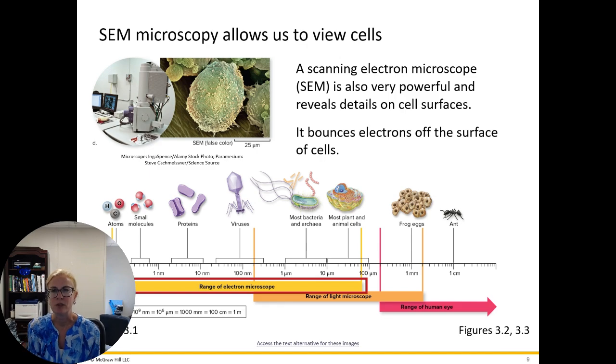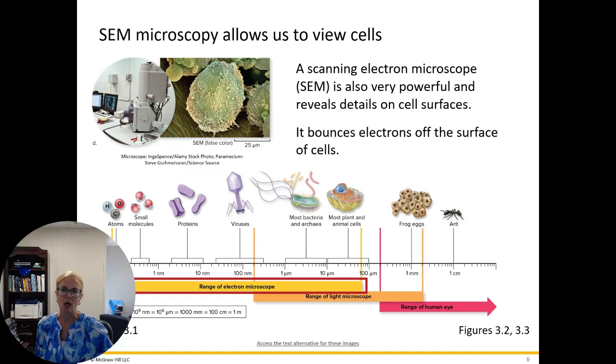Another type of electron microscope is a scanning electron microscope. It's different from the transmission electron microscope in that the transmission, remember, actually goes through cells. It looks through cells. A scanning electron microscope, as scanning suggests, just reveals surface details. So it's bouncing electrons off. As the electron bounces back, it gives a certain sort of wavelength, and that is interpreted by the scanning electron microscope.